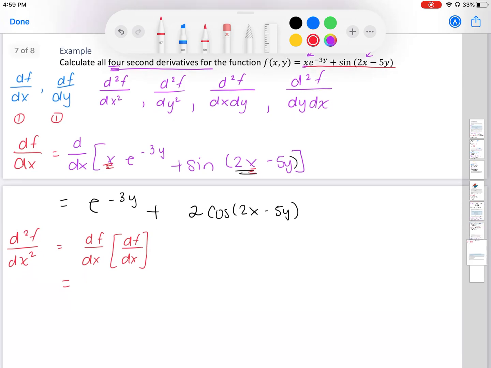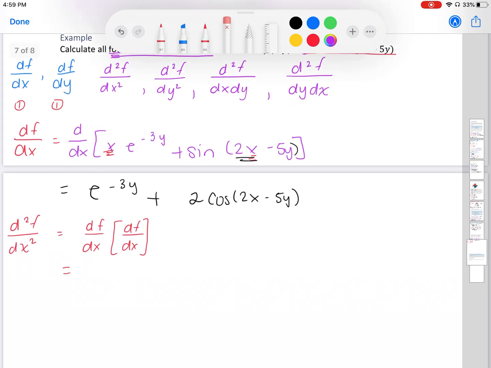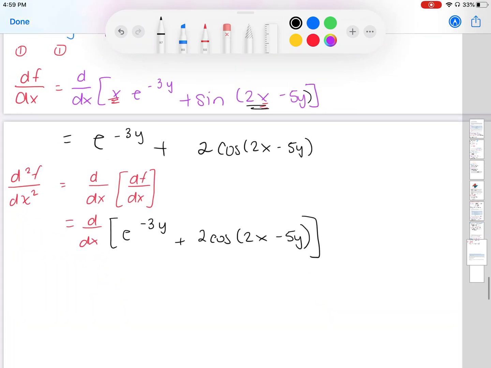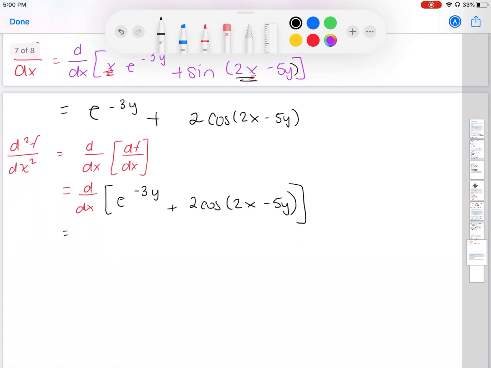Okay, so we want the derivative of your derivative of your function f. So we have d dx of e raised to negative 3y plus 2 cosine of 2x minus 5y. Okay, so I need to find the derivative in terms of x.